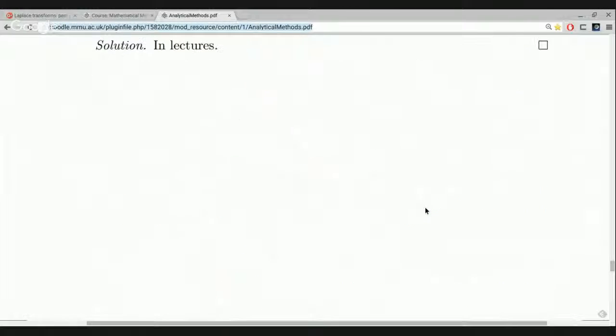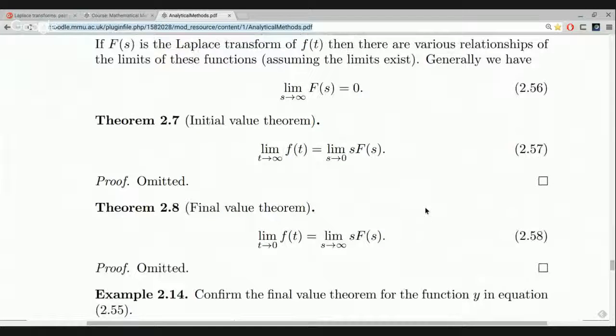And so some of these limits that we'll need, we're going to need the limit for the final value theorem. We're going to need the limit as t goes to 0 of y of t. Well, all these functions are continuous functions at 0, so we can work out that limit by simply substituting in the value 0.